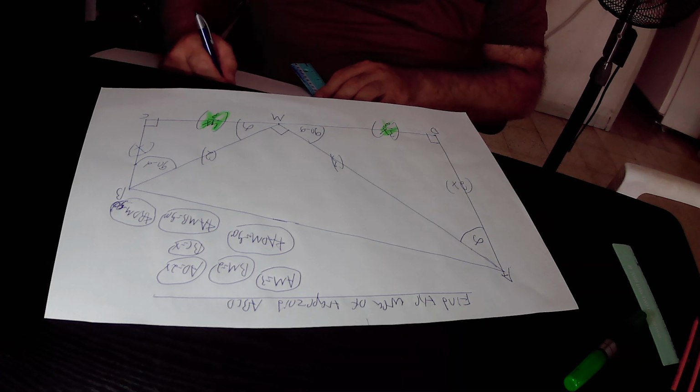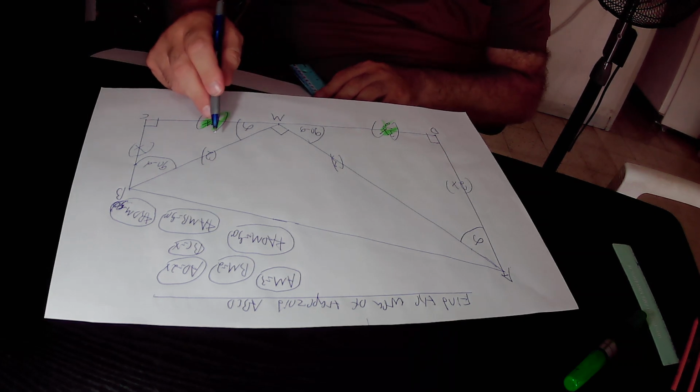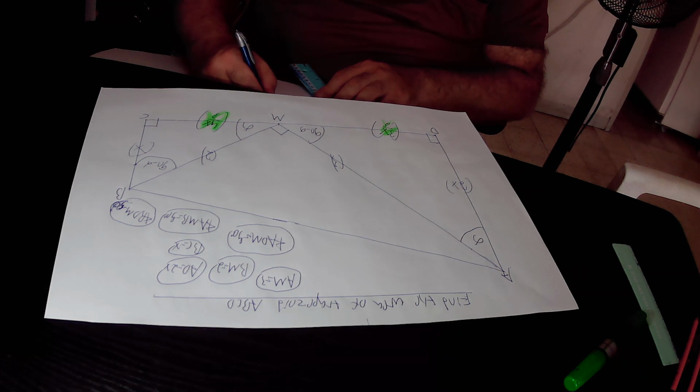BC equals x units in its length, MC equals 4x over 3, and the hypotenuse BM equals 2 units in its length according to what is given as the question.